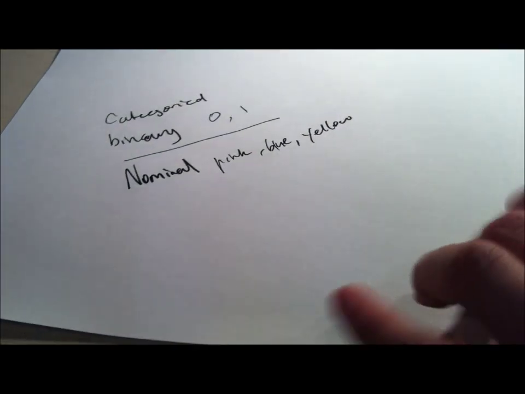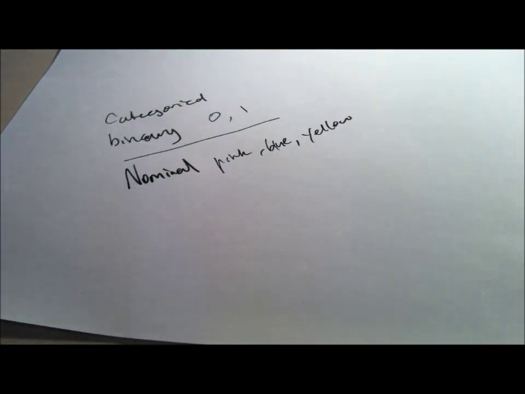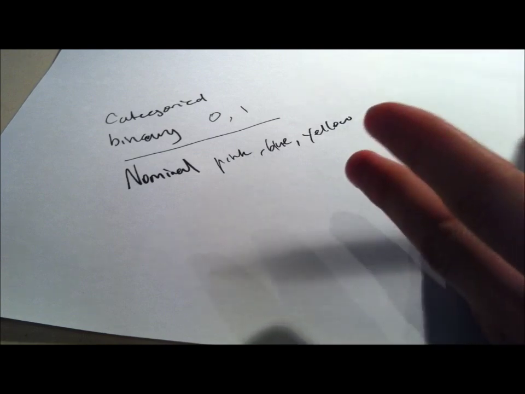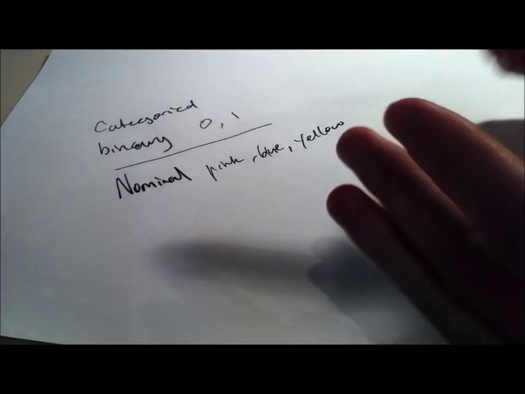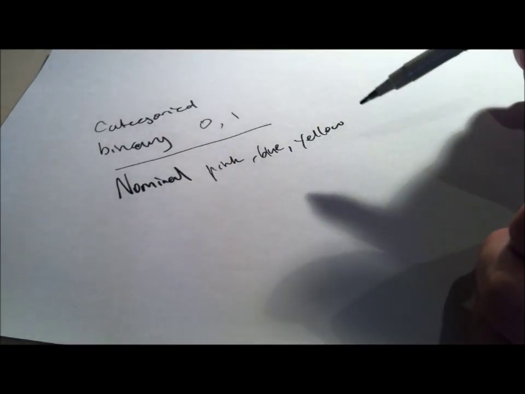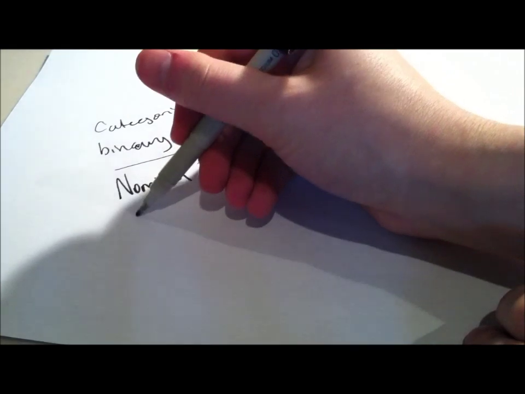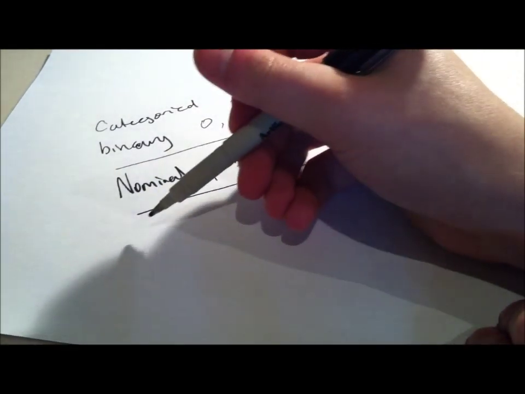You can't break up those categories any further, and there's no inherent meaning to them. There's no order. There's no pink as first, blue as second. So nominal is, again, used mostly in non-parametric statistics.